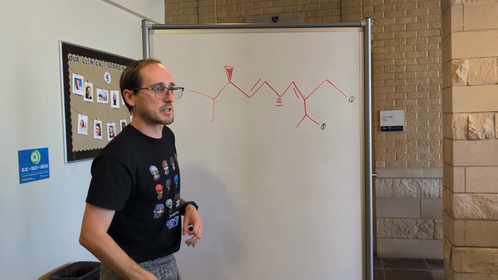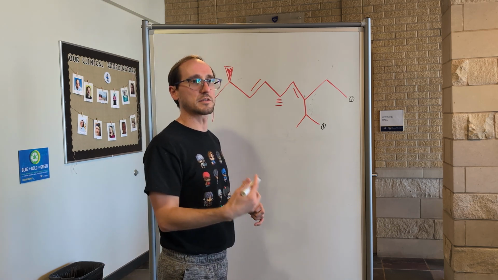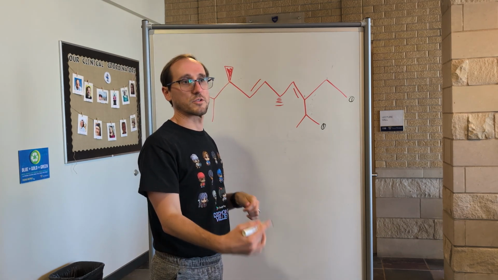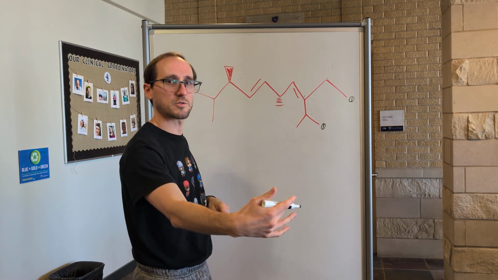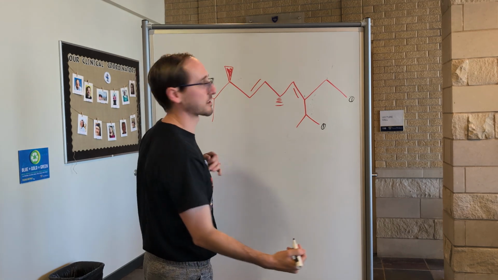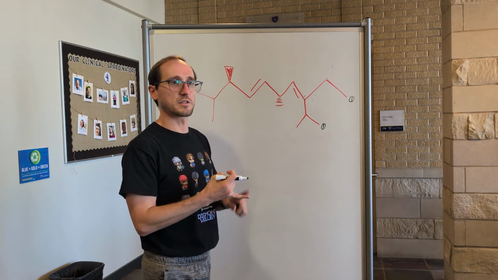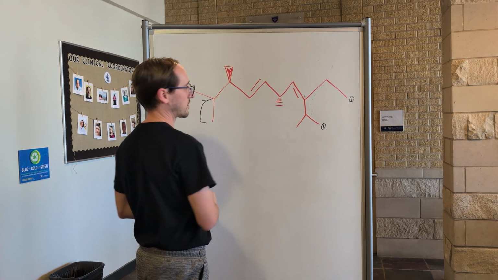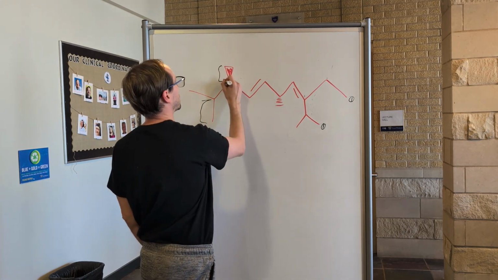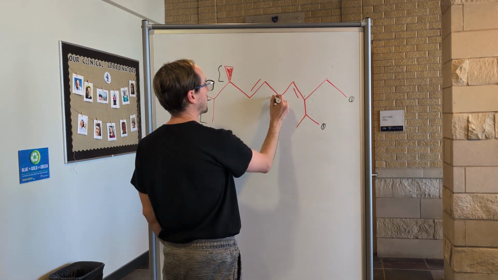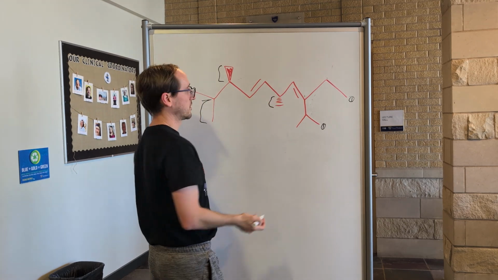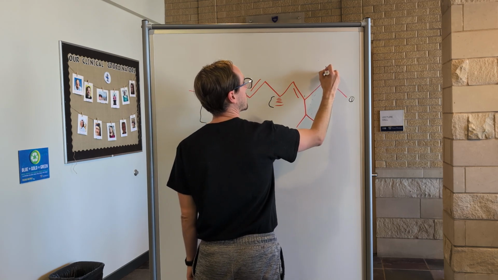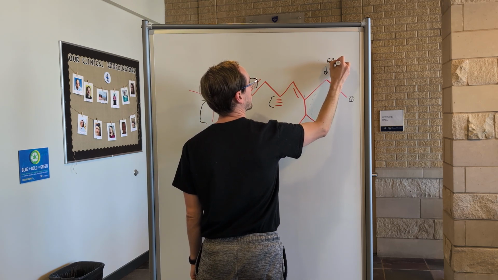So the idea is that you need to then look and see what substituent groups you can identify. We can't just start with the parent chain on this one. We actually have to look at substituents that we can identify. So I always start with the ones that are the easiest. So here is a methyl group, here's a methyl group, here is a methyl group, and then if you use this one, this is an ethyl.